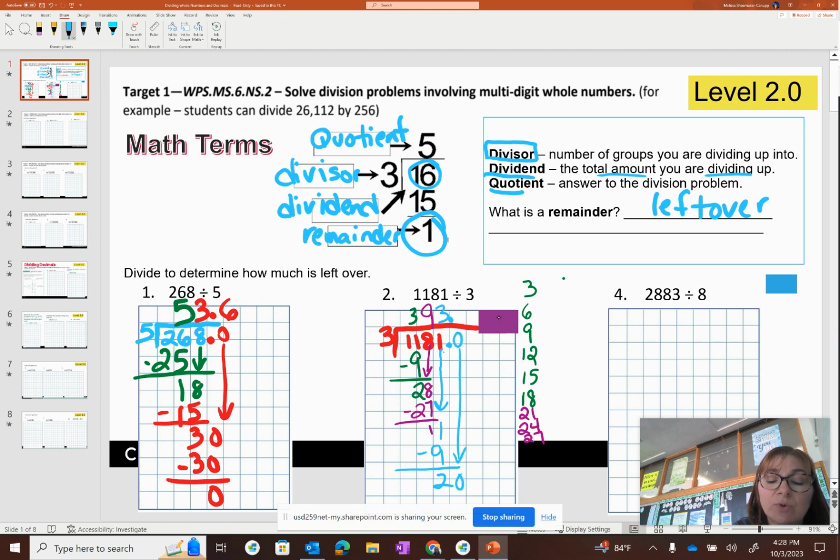So that's okay if you were to stop and just tell me remainder 2. 3 goes into 20 6 times. That's 18. When I subtract here, I'm going to get 2 again. So then I have that repeating thing happening. So you put the bar over the 6 and you can be done. But like I said, if you get to here and you tell me remainder 2, that's going to be A-okay as well.